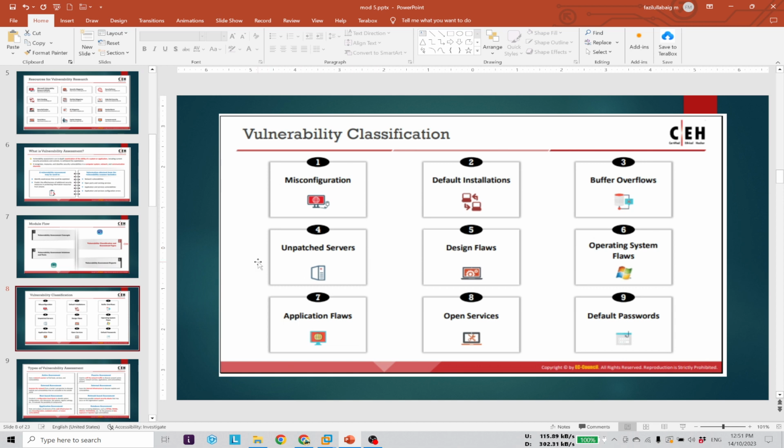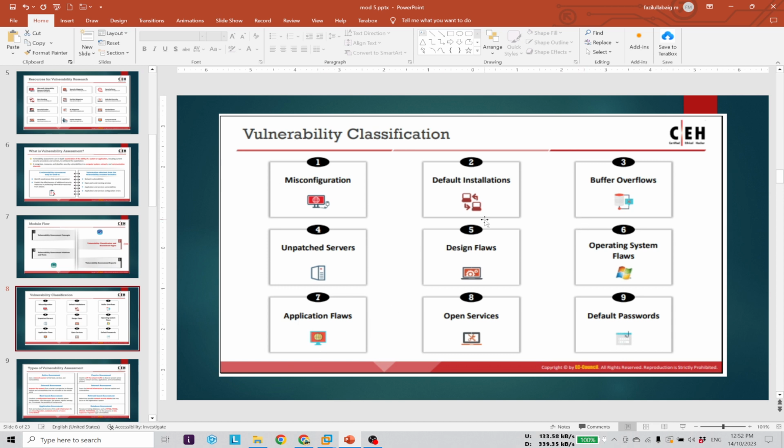If it is not patched, then Windows 7 has many vulnerabilities that can be exploited remotely. As I discussed before, what is remote and local. So if Windows 7 is not patched, then we can compromise it remotely with the help of an exploit.